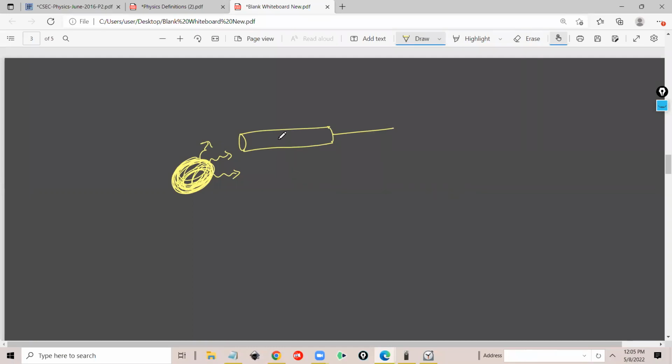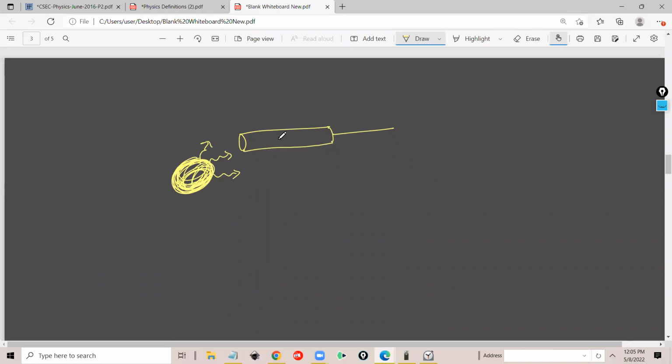But in real life, there's something called background radiation. Right now, where you are sitting, there's background radiation, meaning that the Earth contains radioactive materials.